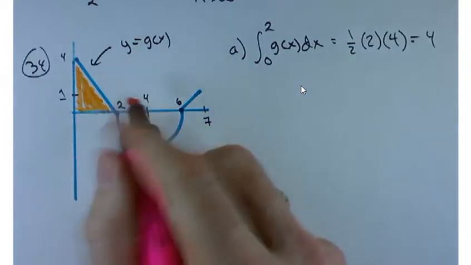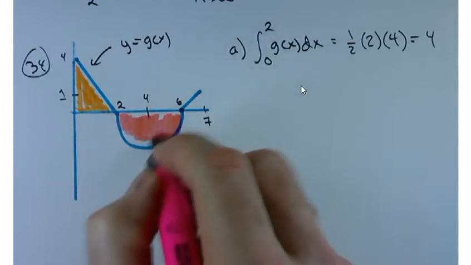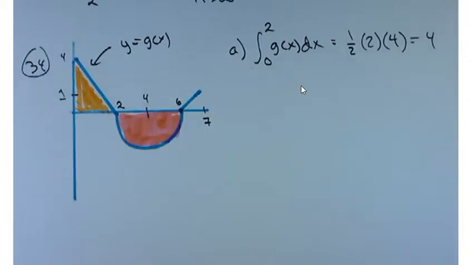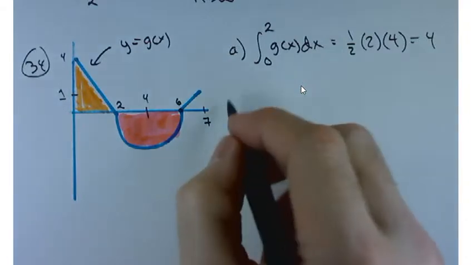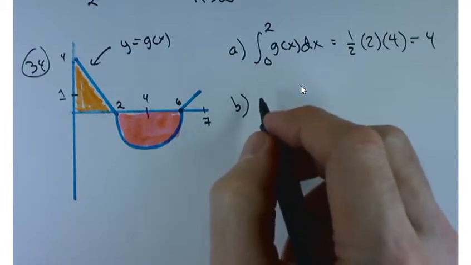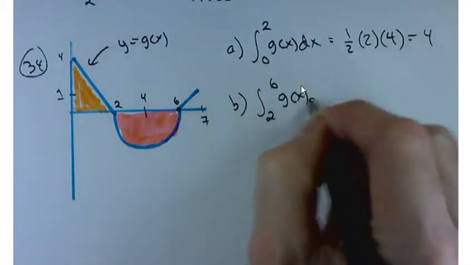Next part, we're going to be coming down here. So for the next part, there's a little bit of a twist here. For part B, we want the integral of g of x from 2 to 6 dx.